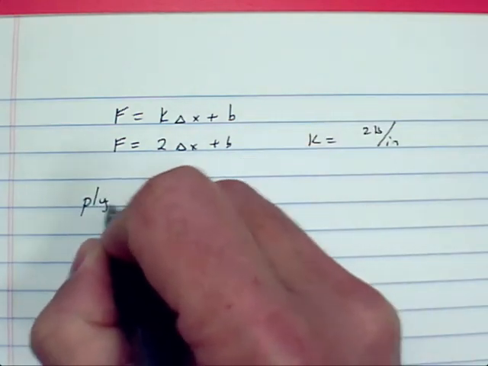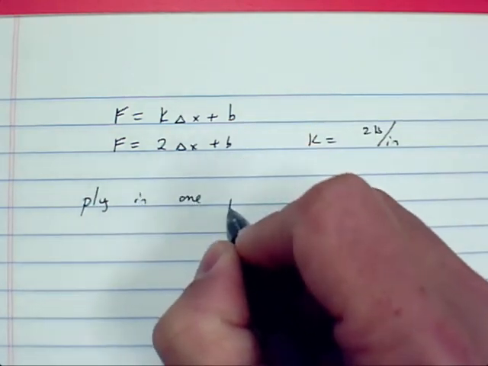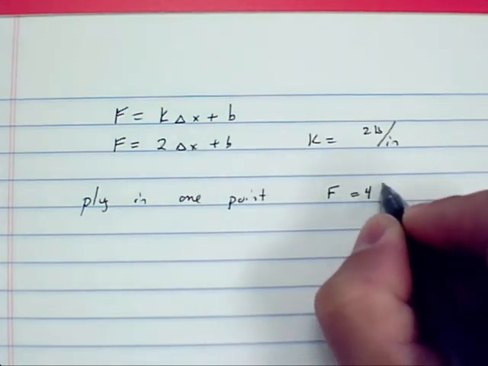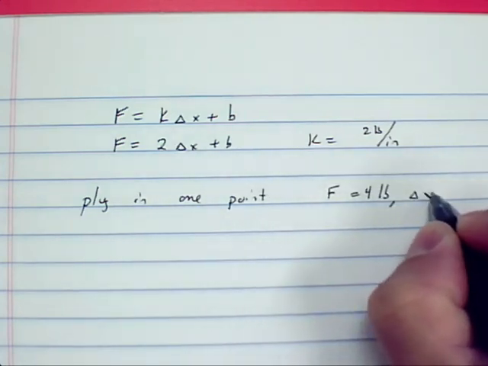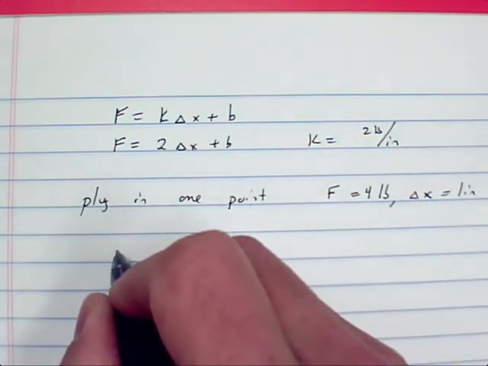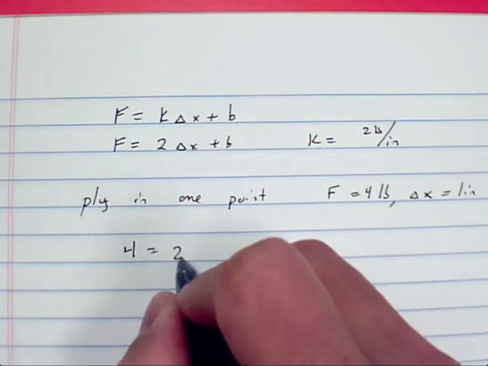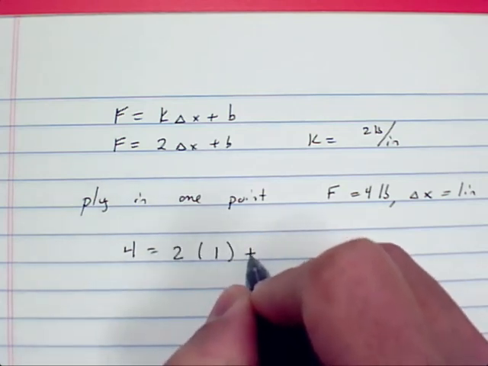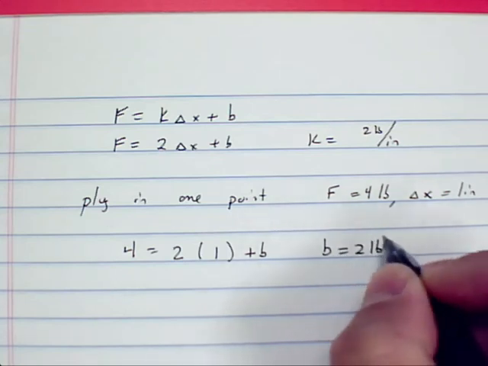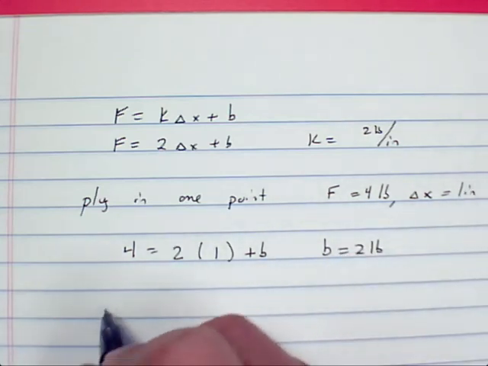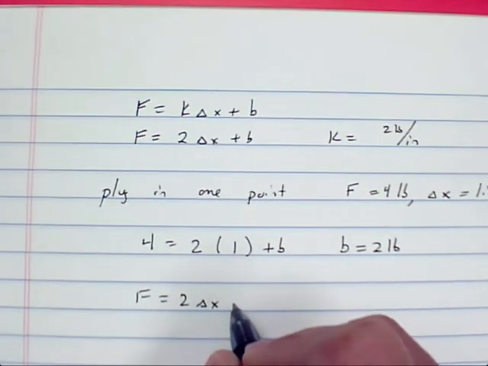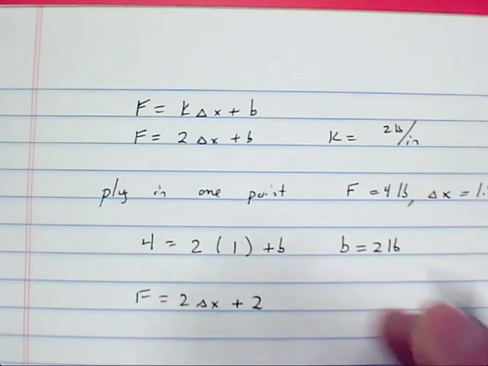So we'll plug in 1 point, which was F equals 4 pounds when delta x equals 1 inch. So now we have 4 equals 2 times 1 plus B. We have that B equals 2 pounds. So now our equation is F equals 2 delta x plus 2.